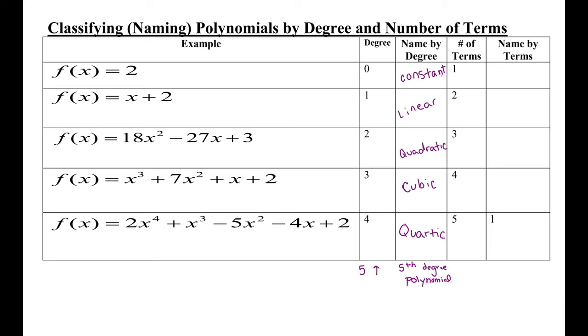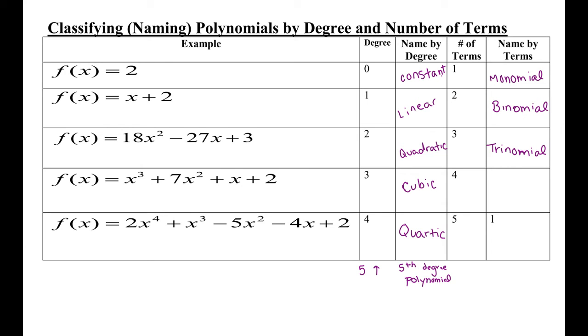In terms of number of terms, if it has 1 term, it is a monomial. If it has 2 terms, it's a binomial. If it has 3 terms, a trinomial.